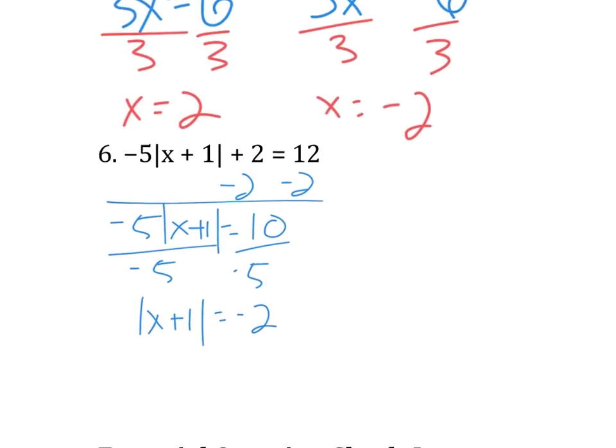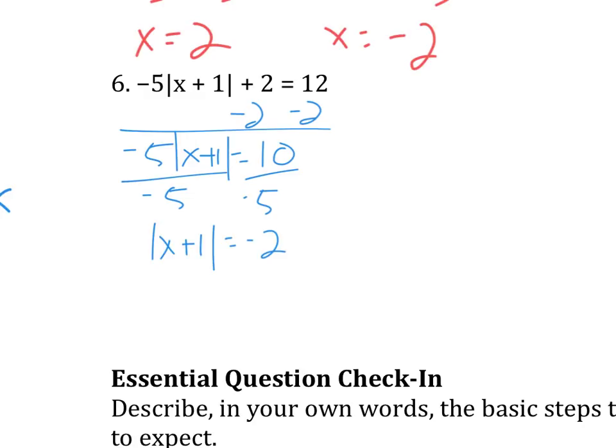Now, whenever we're dealing with absolute values, we should always pause when we get our absolute value by itself and check. So as a reminder, an absolute value, regardless of what we have in this space, will always come out to be positive. So over here, we are stating that whatever we substitute in for x plus 1 has to come out to be a negative 2.